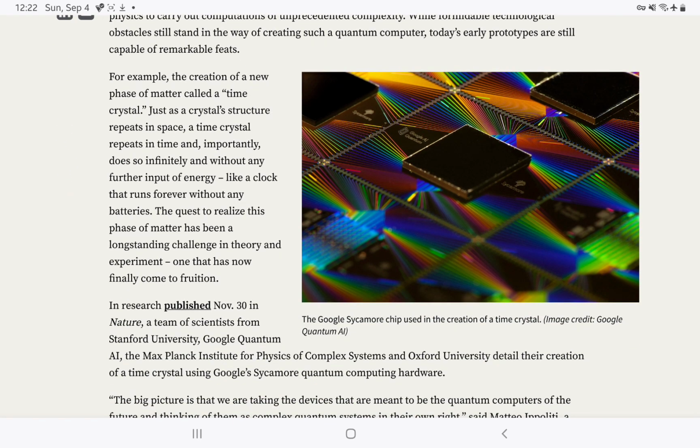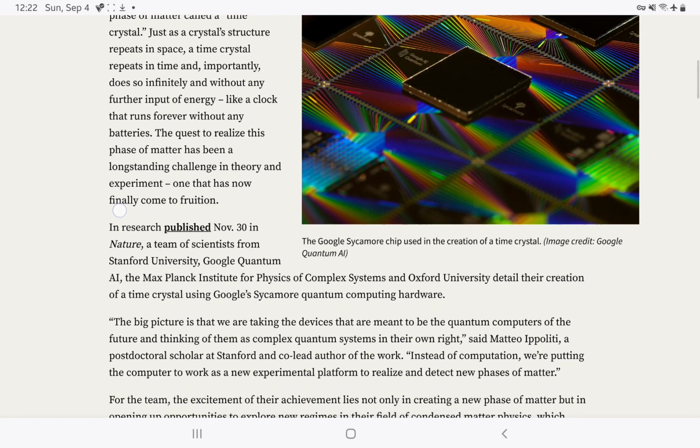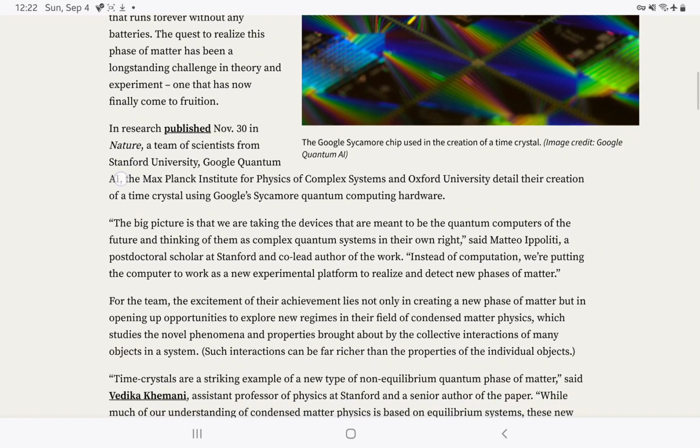Just as a crystal's structure repeats in space, a time crystal repeats in time and, importantly, does so infinitely. And without any further input of energy, like a clock that runs forever without any batteries. Infinitely. The quest to realize this phase of matter has been a long-standing challenge in theory and experiment, one that has now finally come to fruition.